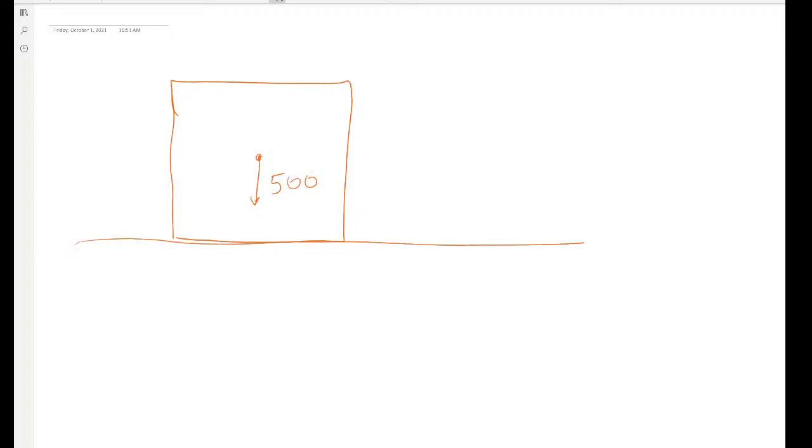But the heavier it is, the harder it is to move. So what you'll notice is this force becomes proportional to the weight.